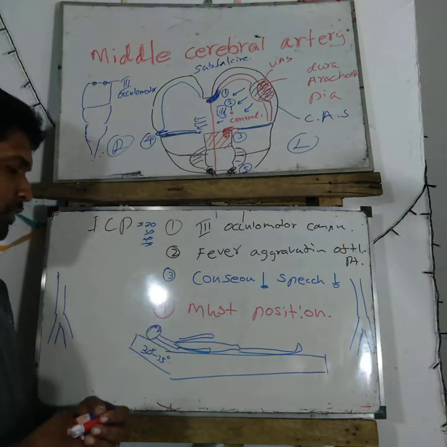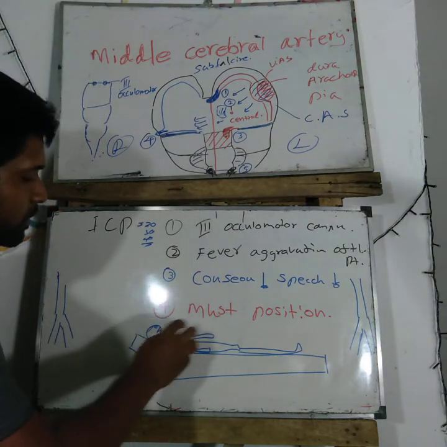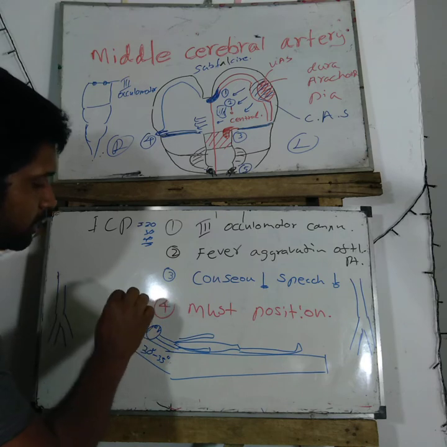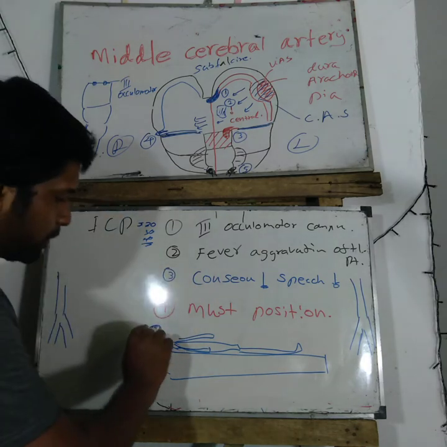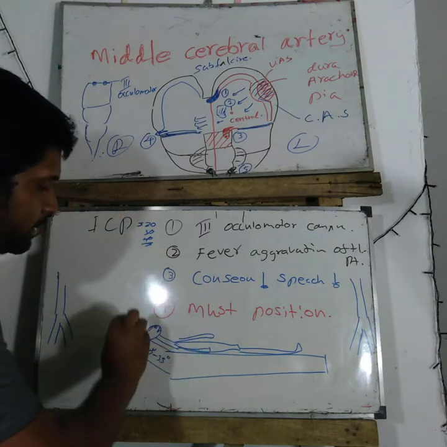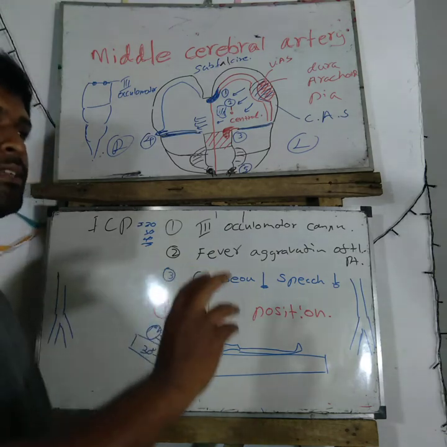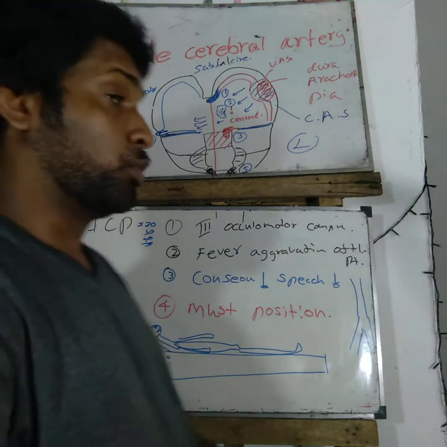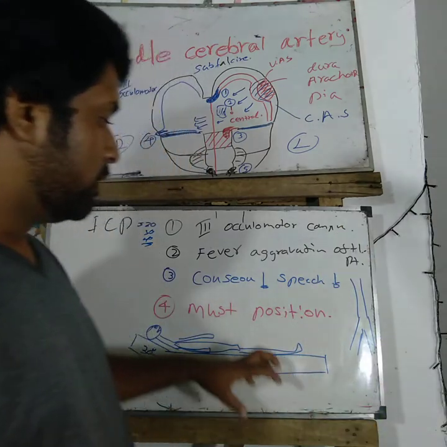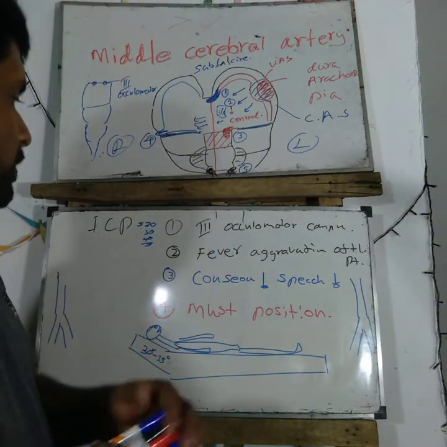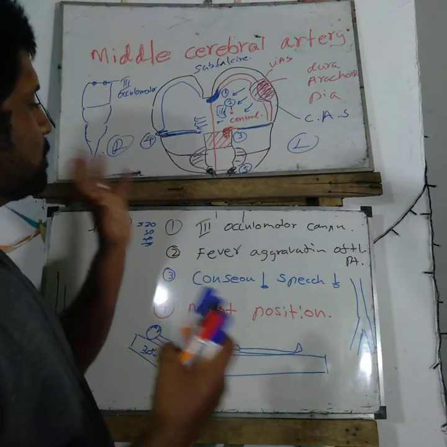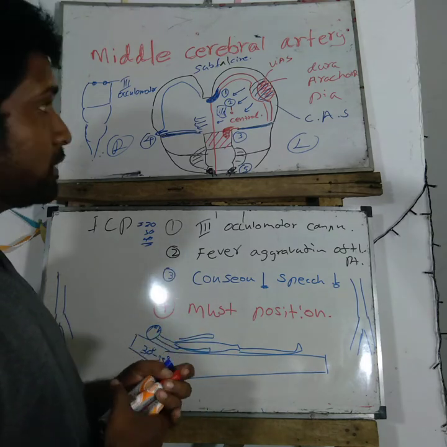Due to this position, the brain circulation supply reduces, which is the most important. Then relax the patient and the circulation supply of the brain reduces gradually, and the supply goes downward. Two to three days of rest position is the most important. Don't give the patient any strenuous exercise. This is another special thing we have to discuss.